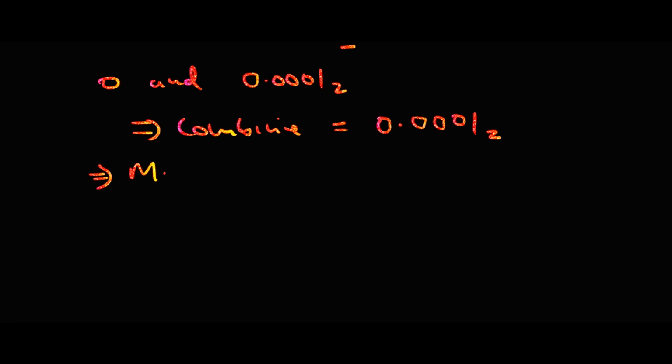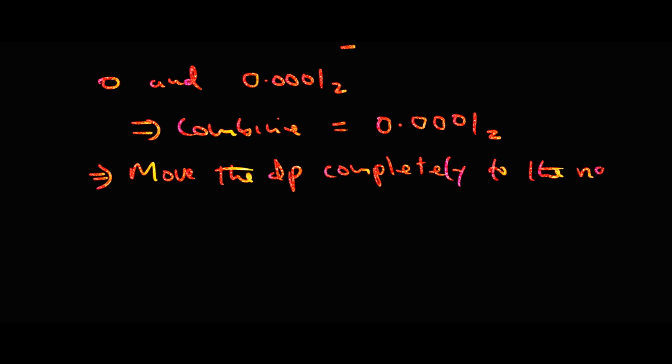So now, move the decimal point completely to the right. We're moving to the right because the number that we were dealing with was less than 1. As you move, you note the number of steps you take.